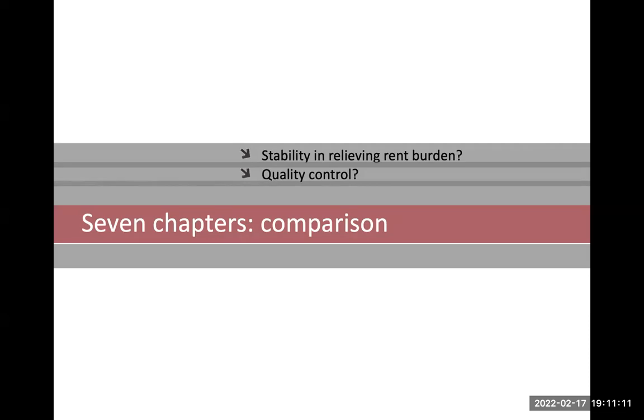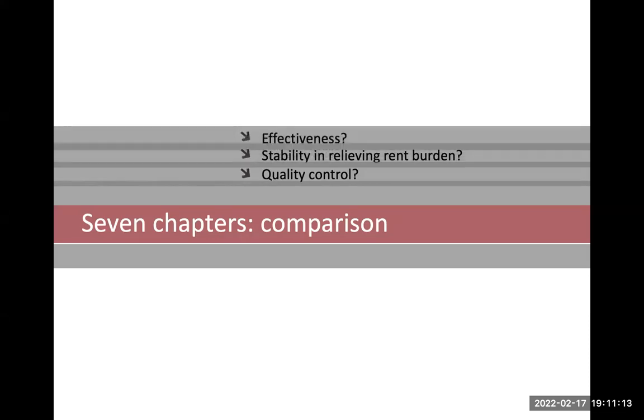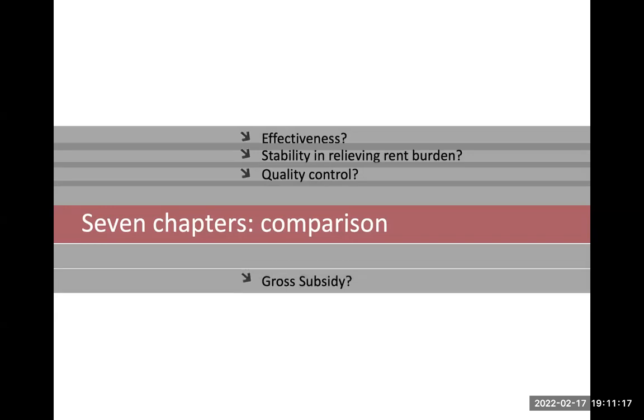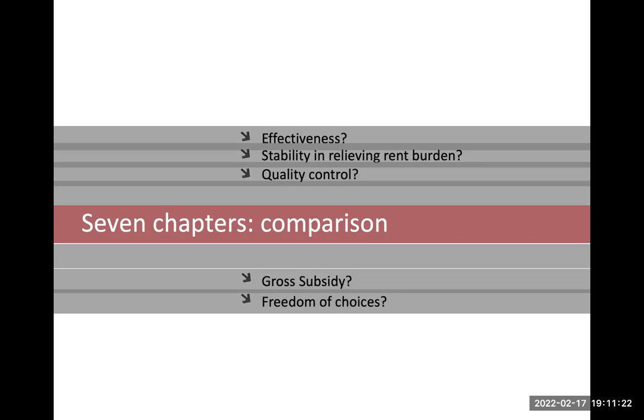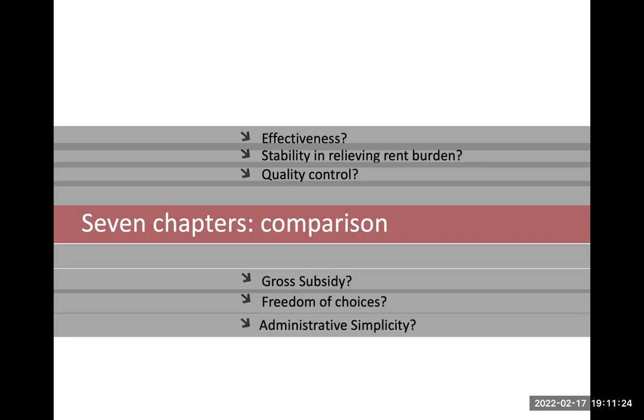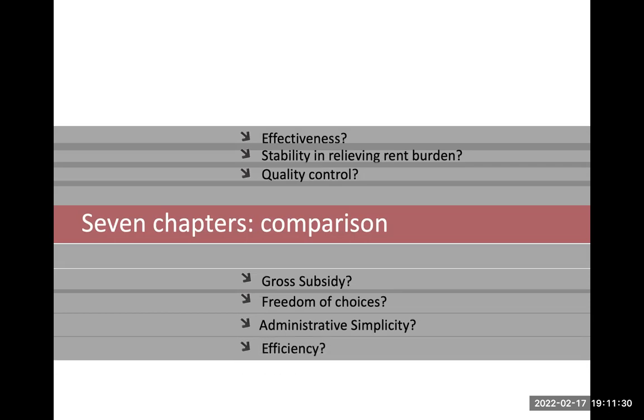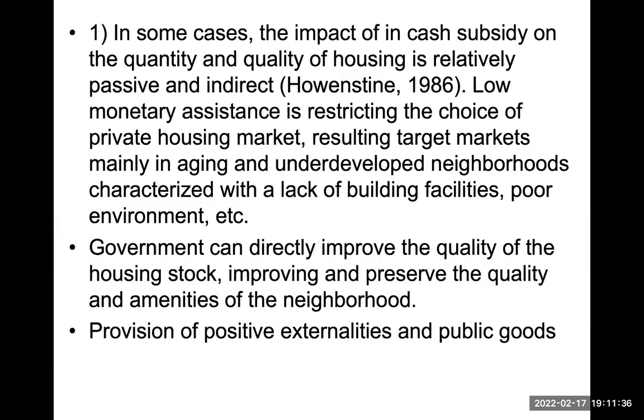This is the second comparison, and effectiveness for the housing. Then the gross subsidy and freedom of choice, and then administrative simplicity. So this is six, and finally would be the efficiency.